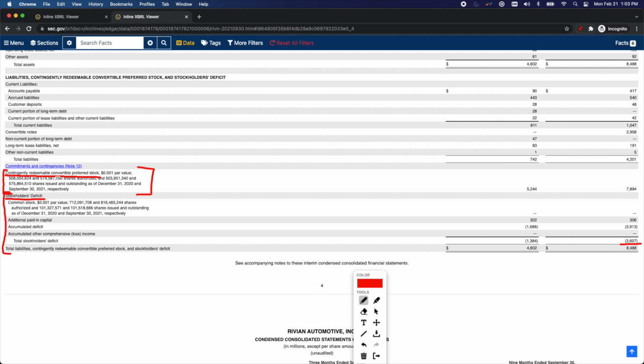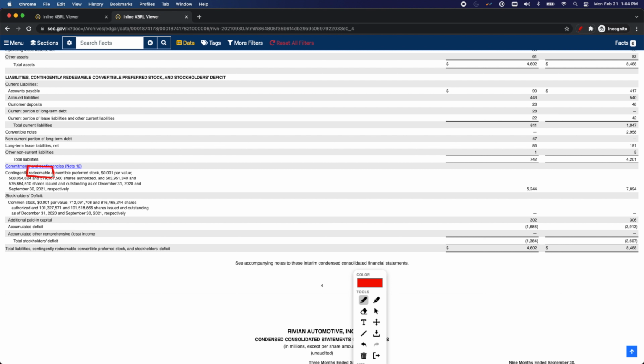When it says convertible preferred stock, or when you have something like a convertible bond, you can take that bond or preferred stock and convert it into common stock or common shares. Now, here it says that not only is this preferred stock convertible, but it is also redeemable.